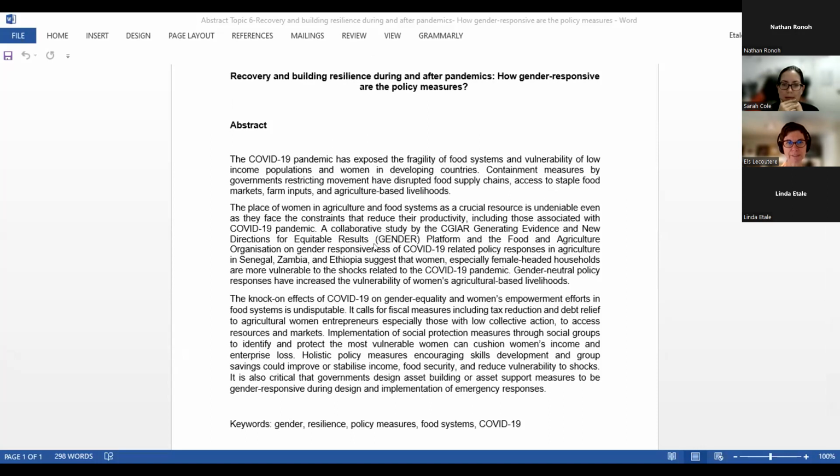So I see the relevance in your first sentences. That's great. Maybe that first sentence, the place of women, is a bit long and maybe not needed here.